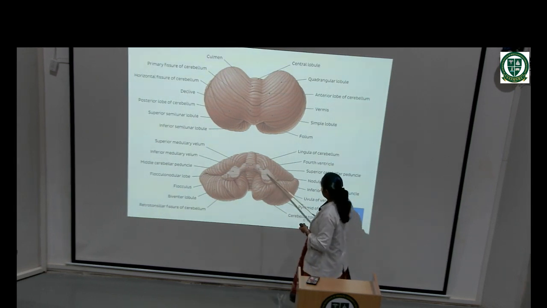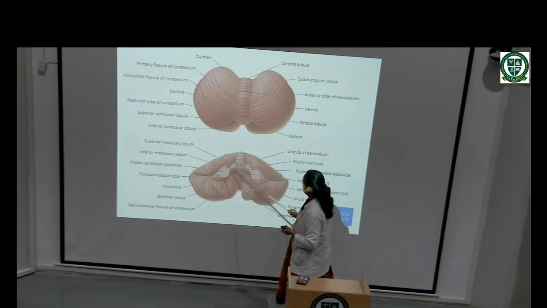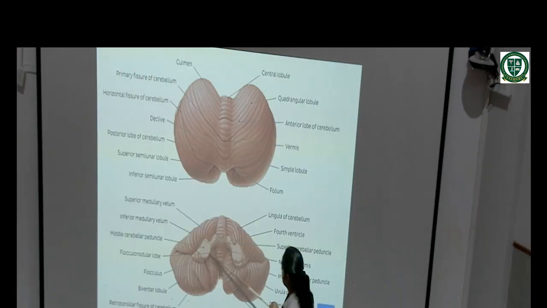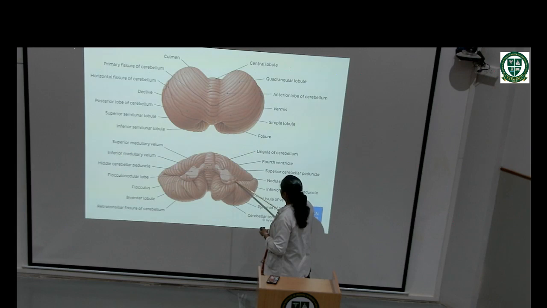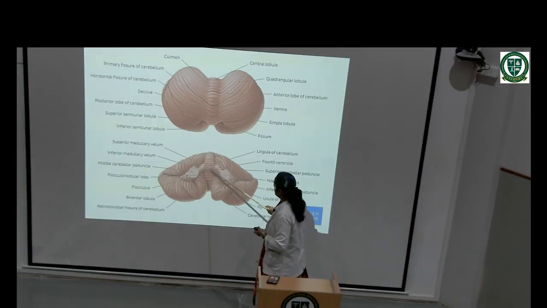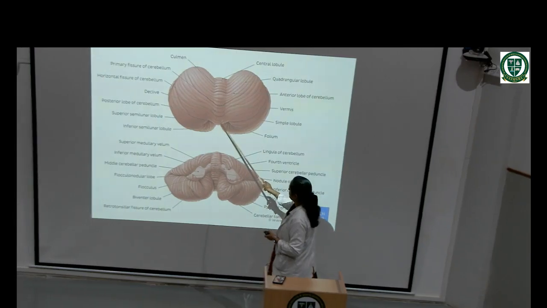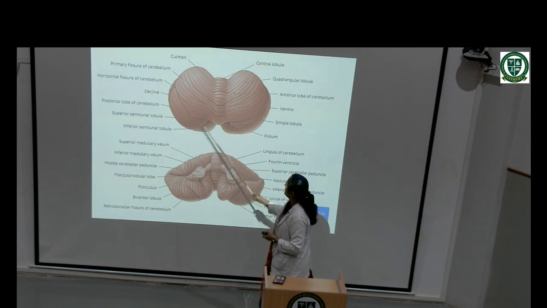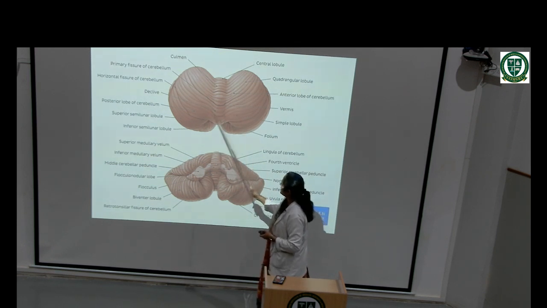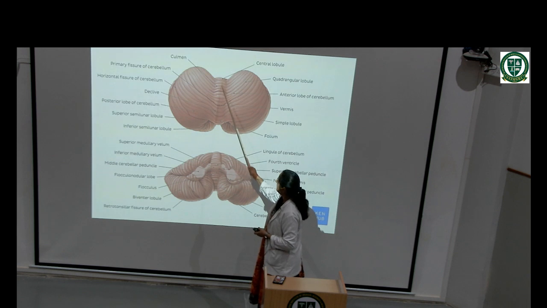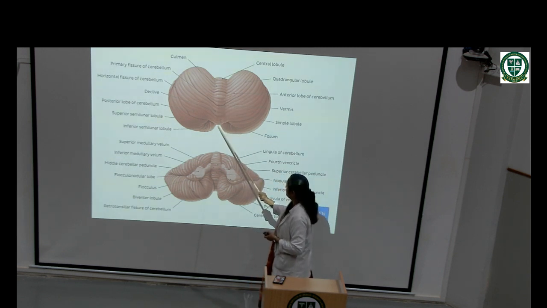Next, you can see these two structures here. This one is called the flocculonodular lobe. This middle portion, the worm-like structure, is called the vermis, and these two halves form the cerebellar hemispheres. They are connected to each other by this midline portion, the vermis.